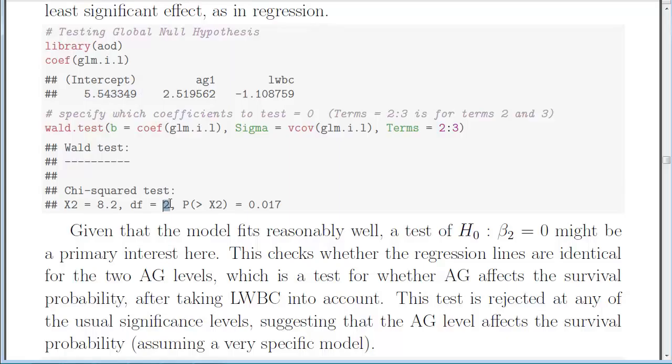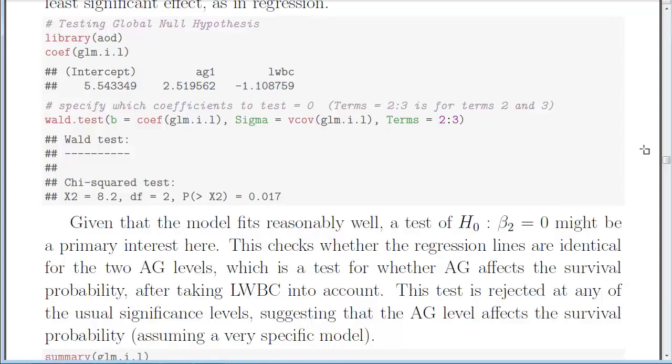This is a 2-degree of freedom test, and we have a p-value that's relatively small, so we're going to reject the null that both are equal to 0 in favor of the alternative that at least one of these is different from 0.